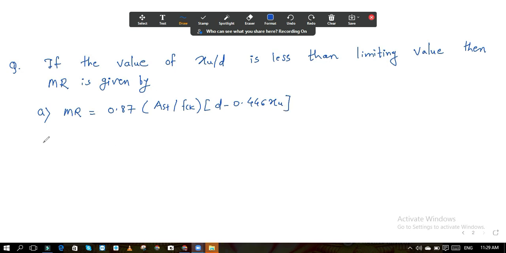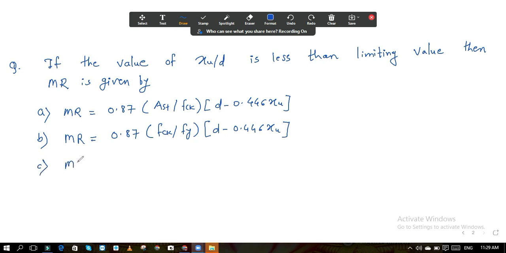This is the first. Second option, MR is equal to 0.87 FCK upon Fy into D minus 0.446 XU.